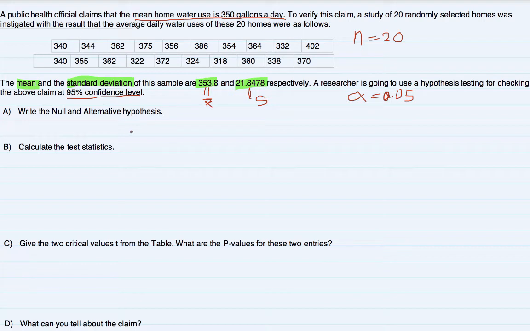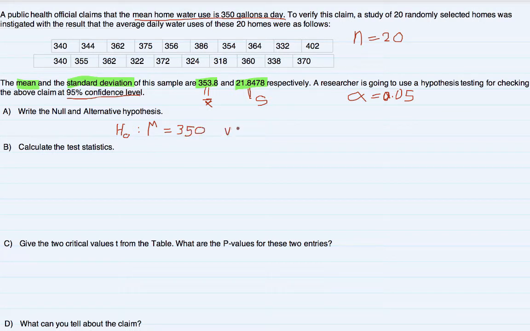Therefore, our null hypothesis, H naught, should be mu equals, this is always equal here, 350.